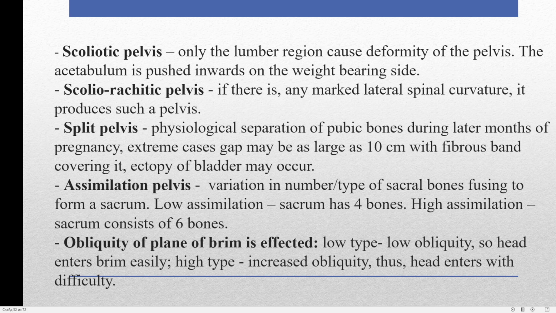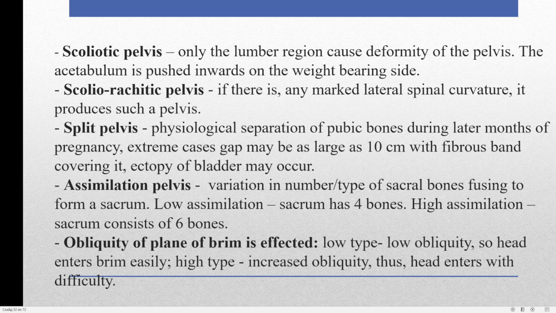Scoliorachitic pelvis: if there is any marked lateral spinal curvature, it produces such a pelvis. Split pelvis: physiological separation of pubic bones during later months of pregnancy. In extreme cases the gap may be as large as 10 centimeters with a fibrous band covering it. Ectopy of the bladder may occur.